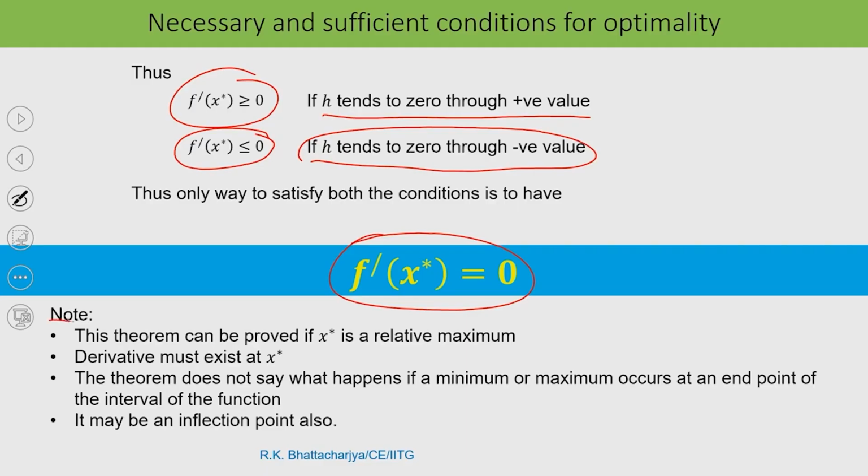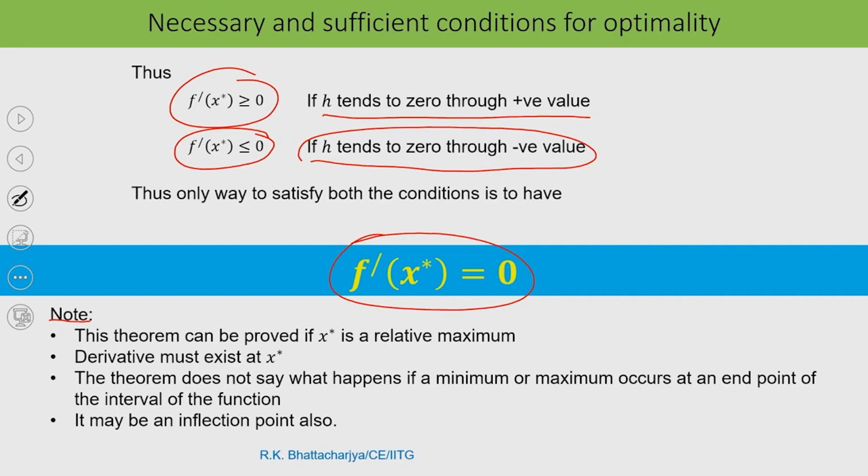So, let us see the note here. This theorem can be proved if x star is a relative maximum. We have proved it for x star a relative minimum, but I can also prove it for x star equal to a relative maximum in the same way.